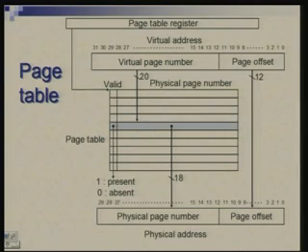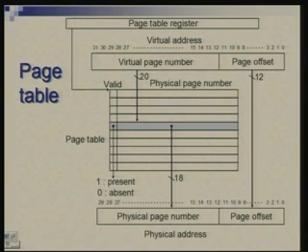So, either we get the physical page number here, or we get the disk address or a pointer to an area where the disk address would be stored. And the location of this table could be obtained from a register which is called the page table register. So, it is a very simple lookup process. Okay.